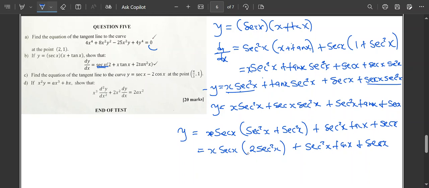So we say, what is sec x? In fact, it was supposed to be tan. Why is it sec x plus sec x? What was I writing? So let me start from there.